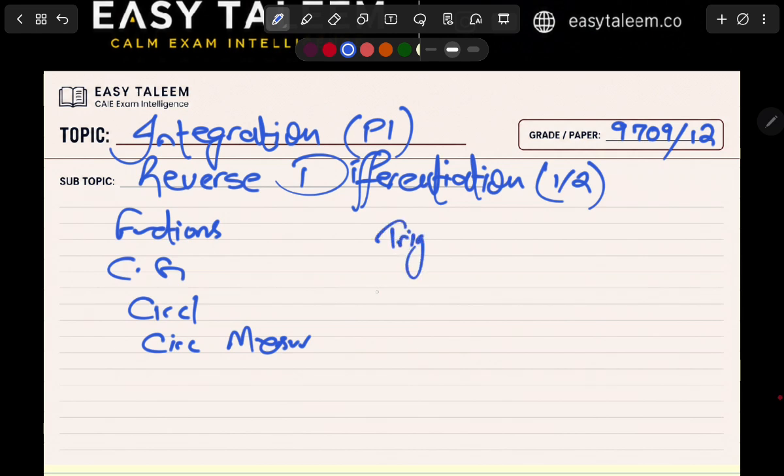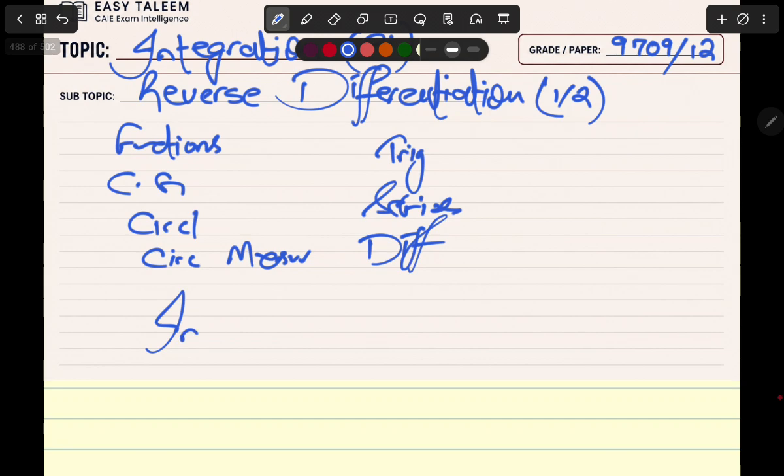We did series, and last week we also finished differentiation, right? Today we begin integration. Once this chapter is complete, you have officially covered every P1 topic in the Cambridge AS Math 9709/12 syllabus before moving into intensive past paper preparation.